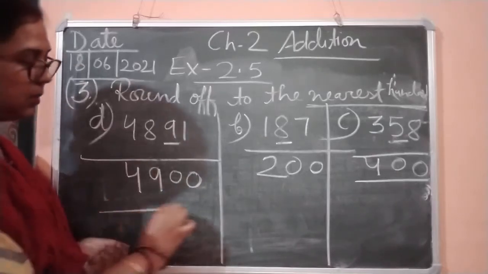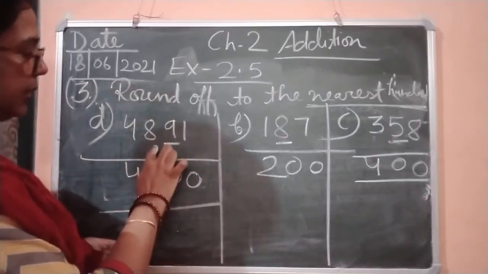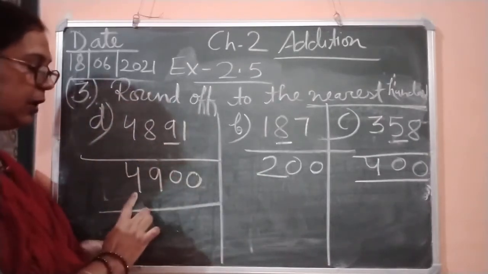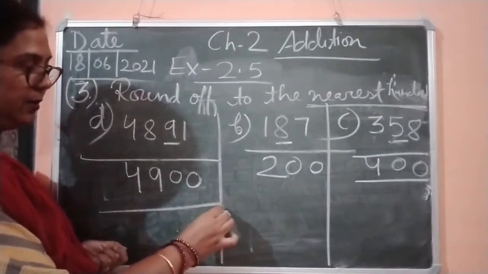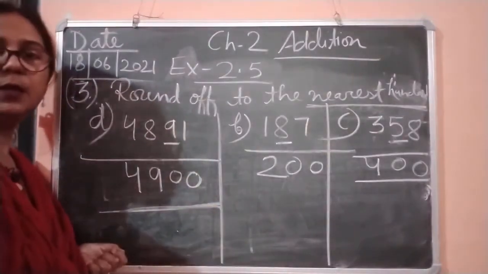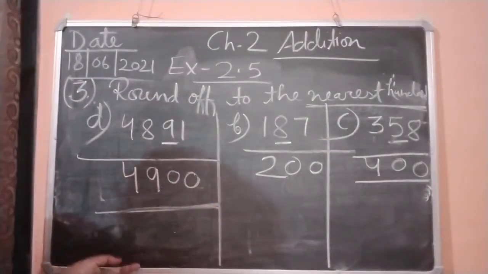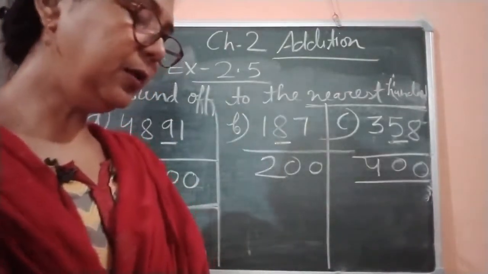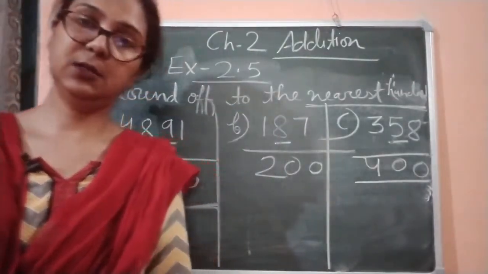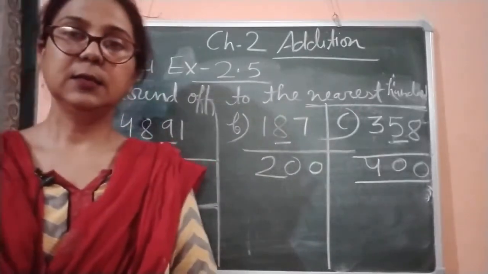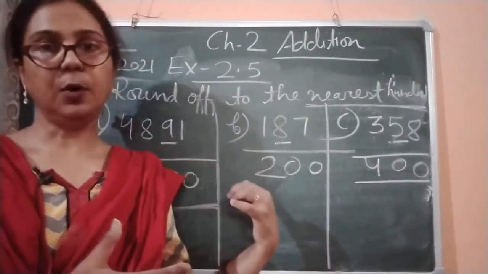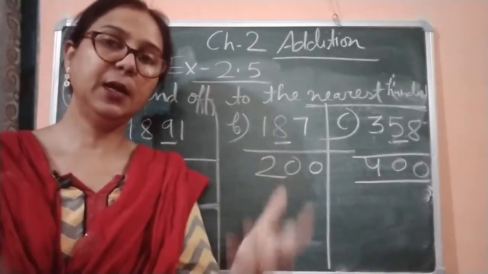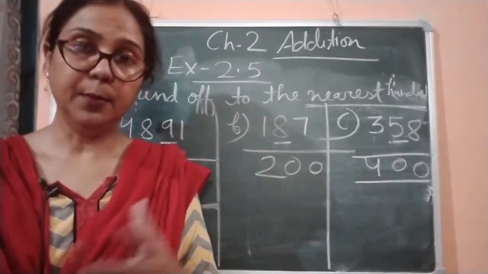So here the round off of 4891 is only and only 4900. Okay children? So write it down. Completed children? Now we are moving to the next topic that is related to this topic also, and you can say without this we can't estimate the accurate number.